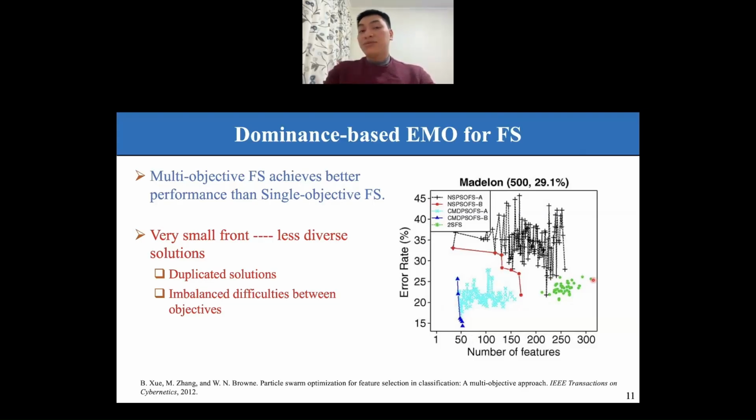So in general, multi-objective feature selection usually achieves better performance than single objective feature selection, mainly because of the diversity in the population.